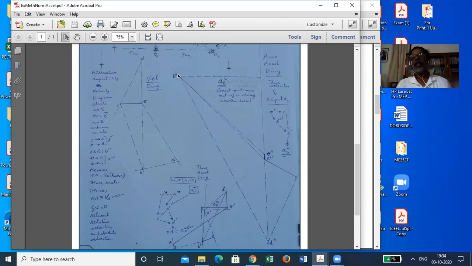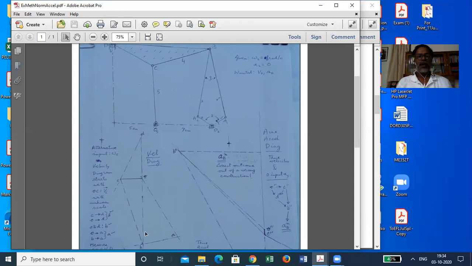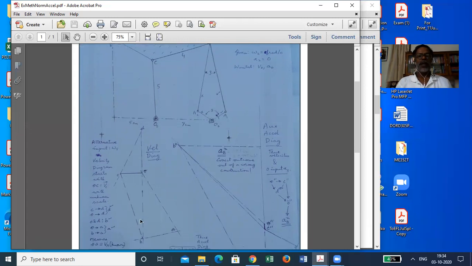Beyond B, you don't need to go in the auxiliary acceleration diagram, because it was the BCD which was the floating link on which, for some point, you needed to pilfer some extra information, and this is one such point. Okay. Now, what is the direction of velocity of B? You see this, OB. Okay, this is the direction of velocity of B.